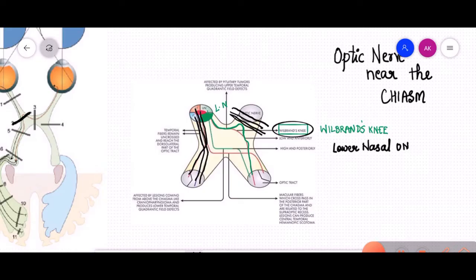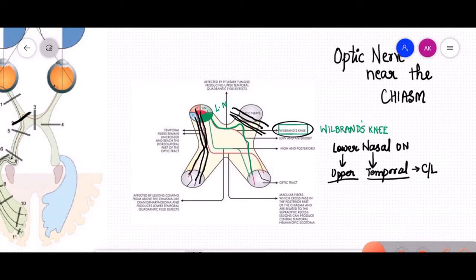That means the lower nasal fibers are carrying information from the upper fields, and the nasal fibers are carrying information from the temporal field. And moreover, because crossing is present, these fibers will belong to the opposite side. So a contralateral upper temporal field defect will be seen.